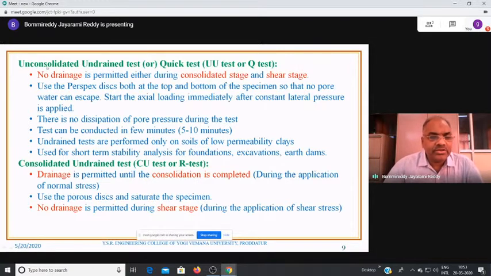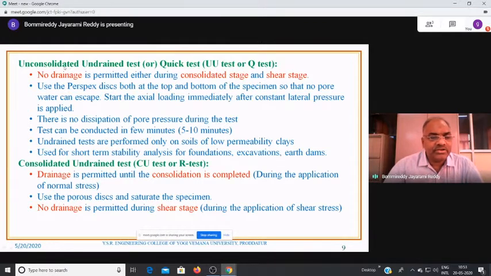Unconsolidated means no consolidation, and undrained means no draining. These are the two different words we can look at. Last class we saw that consolidation means expulsion of pore water from the soil.